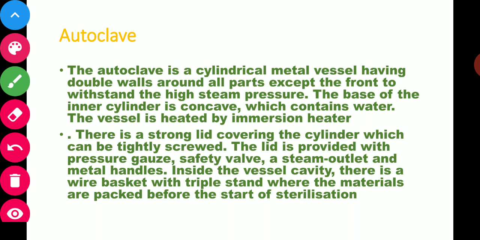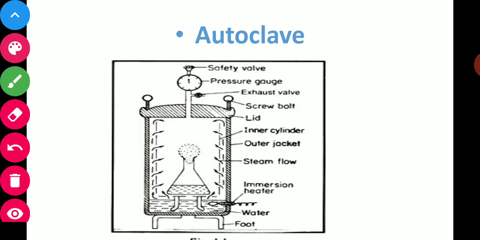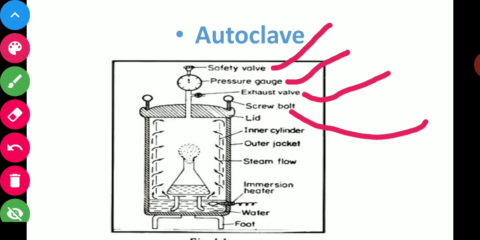Here we can see the autoclave. This is the safety valve, this is the pressure gauge, this is the exhaust valve, it is a screw bolt on the lid, and basically this is the lid.